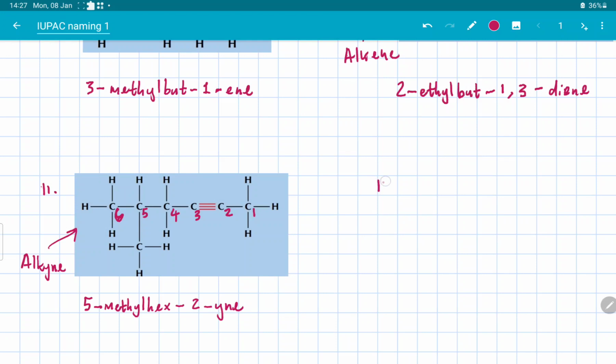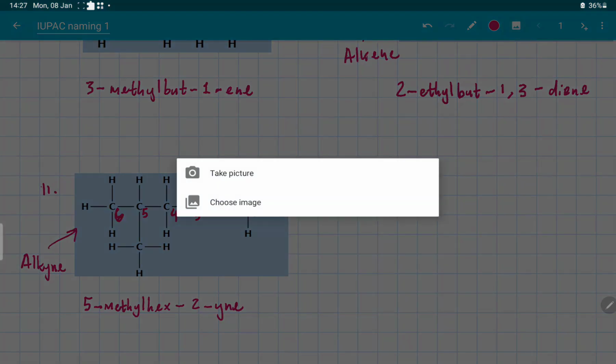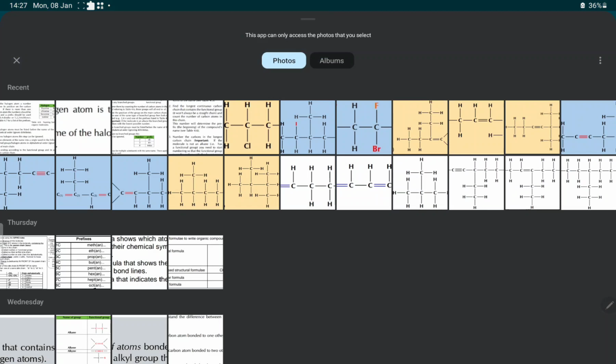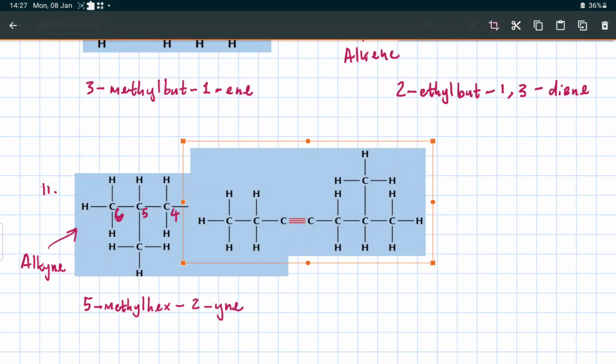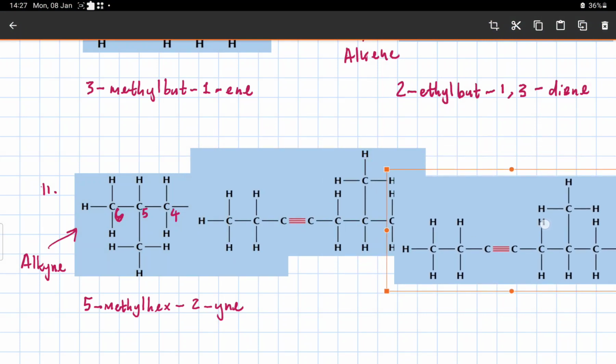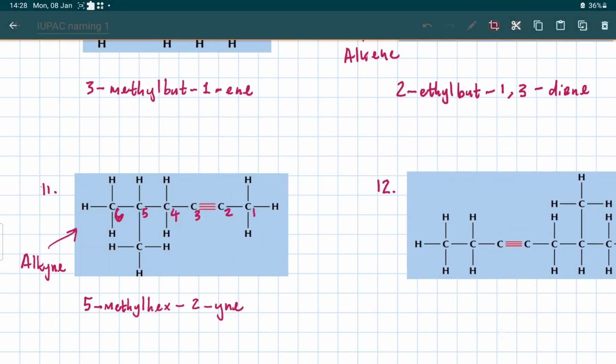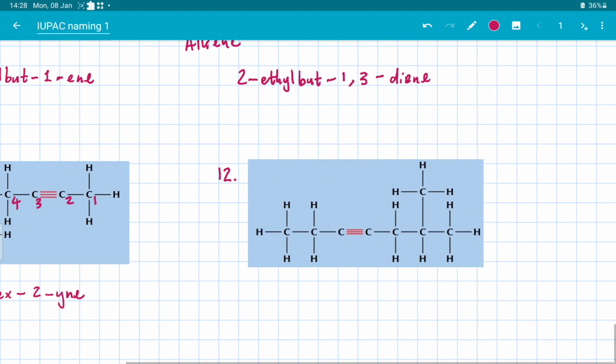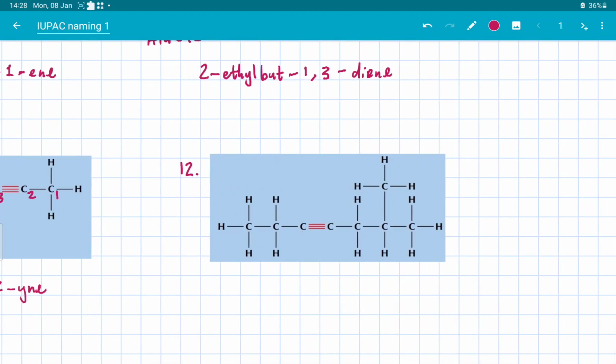Then we go to example 12. Same story: what is important here is that we prioritize a double or triple bond over a branch.